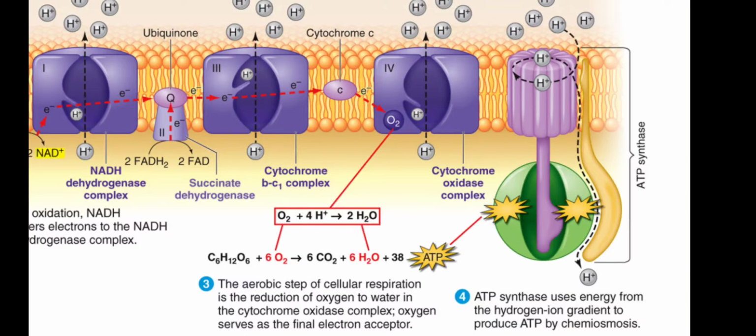The exact molecule per molecule count is quite difficult. It's not consistent in every experimental procedure, but the general output is around 36 to 38 ATPs for every glucose molecule utilized in this electron system.